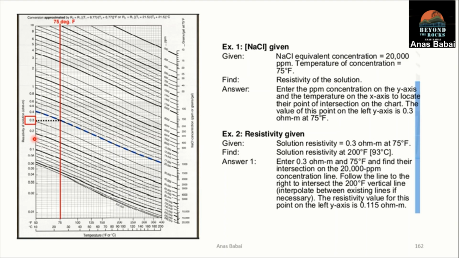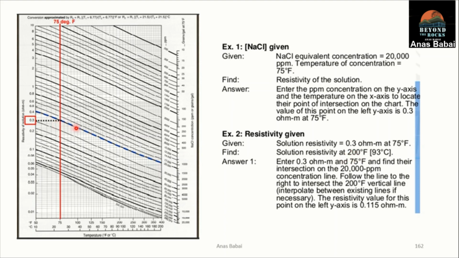Let's see another example in which we have the solution resistivity at 75 degrees, and we want to find the resistivity of this solution at 200. As I said earlier, you go for the resistivity 0.3, and we have the temperature, which is this one, wherever they intersect. This is the concentration. Now we need the solution resistivity at 200.